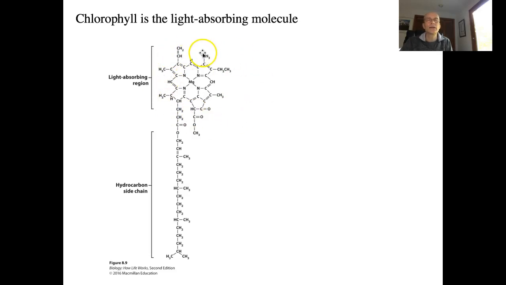And if you are in organic chemistry already, which most of you aren't, you will learn that these double, single, double, single carbon bonds are places where light can easily be absorbed by the electrons that make up these bonds. Remember that bonds, these lines between the carbons, are 2 electrons, or in the case of a double bond, 4 electrons being shared between those 2 atoms.